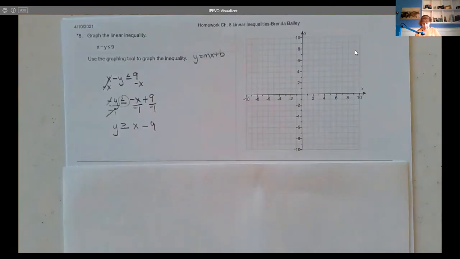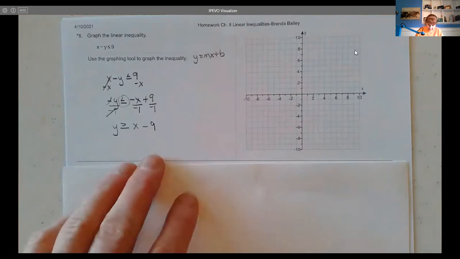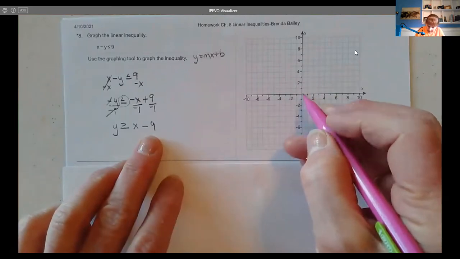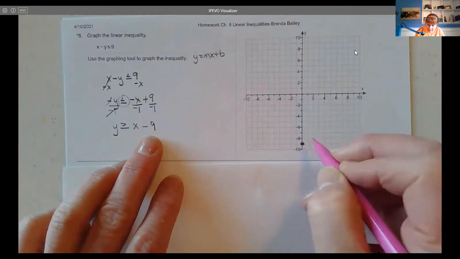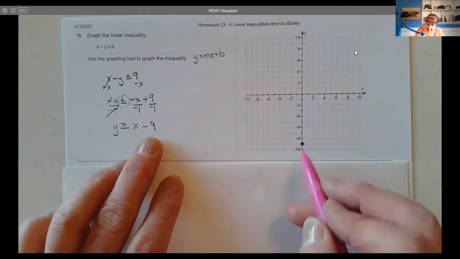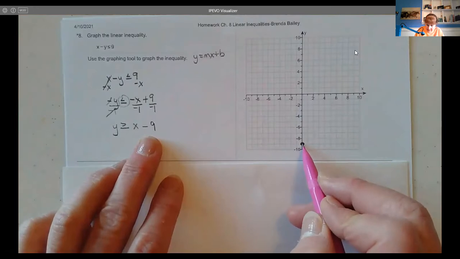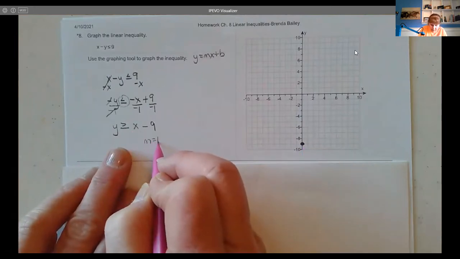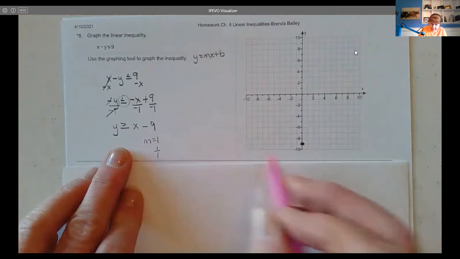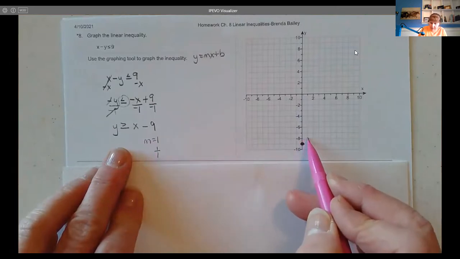And now we can graph it. Our slope is positive 1 again. So we have a negative 9 on the y-axis. Excuse me, did I say positive 9? Negative 9 on the y-axis. Our slope is 1 over 1. So we'll go up 1 and over 1.